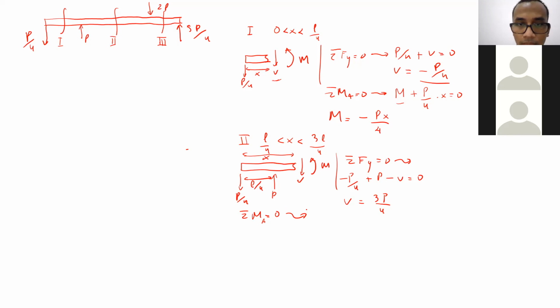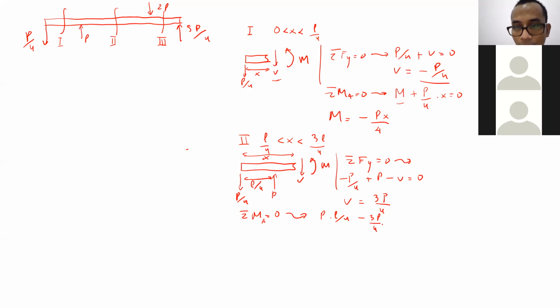P times L over 4, counterclockwise positive. Then minus V times X, sorry, phi times X, and we know the value of phi is 3P over 4.